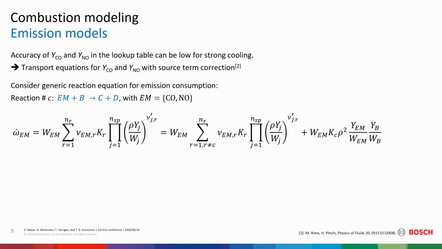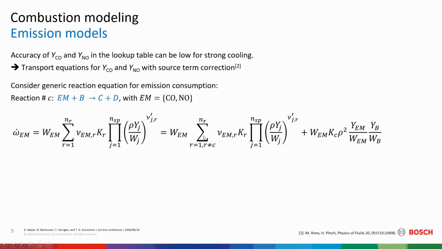When you look at the source term formulation in the detailed chemistry model again, you see that you have a large sum that goes over all chemical reactions. What we do now is take out the contribution of reaction number C and pull it out of this sum.